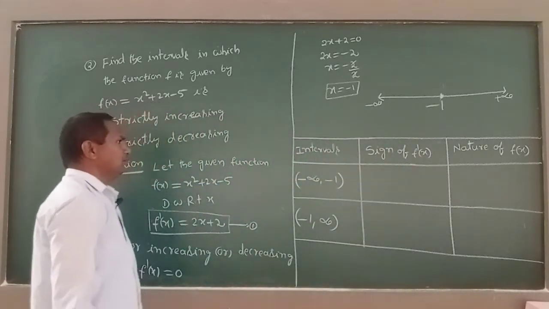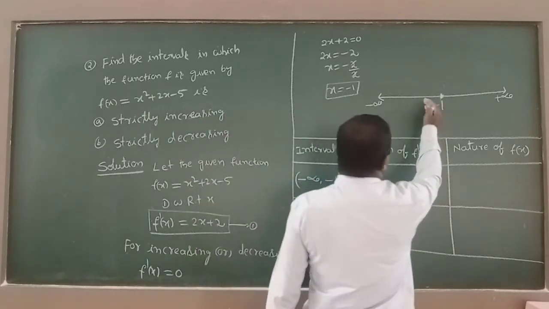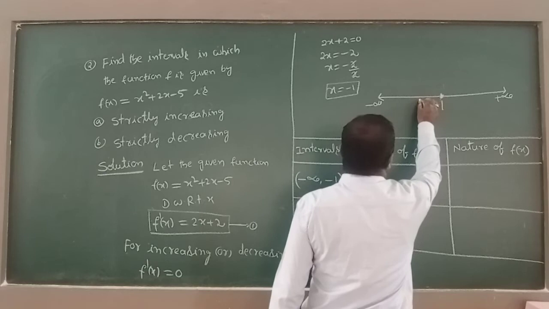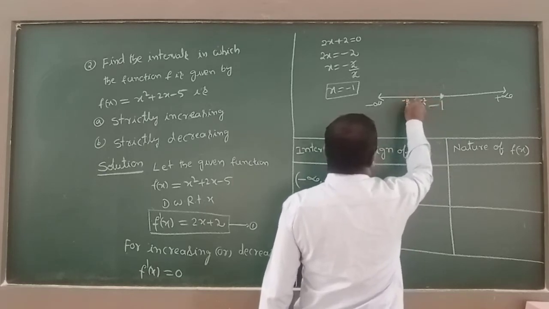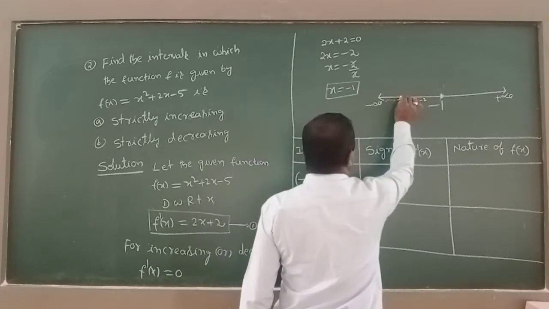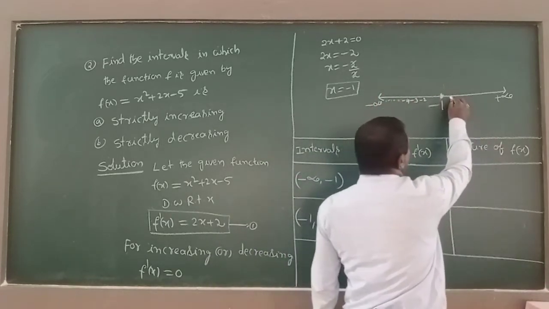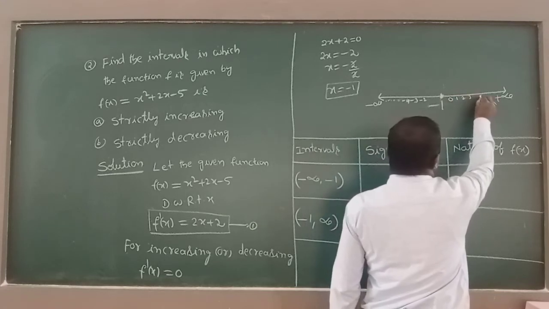So between minus infinity comma minus 1, before minus 1 generally we are getting numbers like minus 2, minus 3, minus 4, and so on. And after minus 1 we are getting 0, 1, 2, 3, and so on.